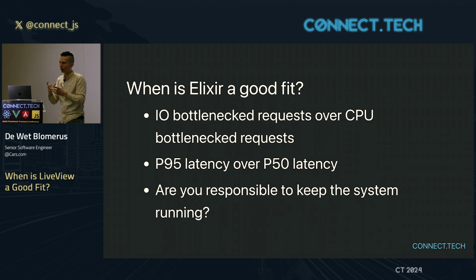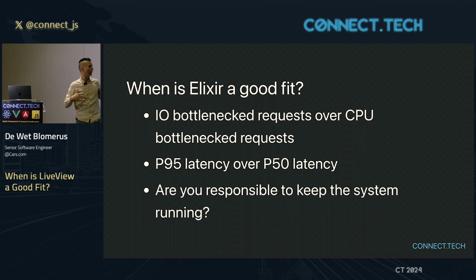So again, if you're trying to do some CPU-bound task, because you're now task switching, it's not going to be most efficient. However, if it's I/O bottlenecked and each process only needs a little bit of CPU time and then can wait, Elixir performs way better. And in an anomalous situation where you get a few requests coming in that all try to use 100% of the CPU, they can't hog the CPU.